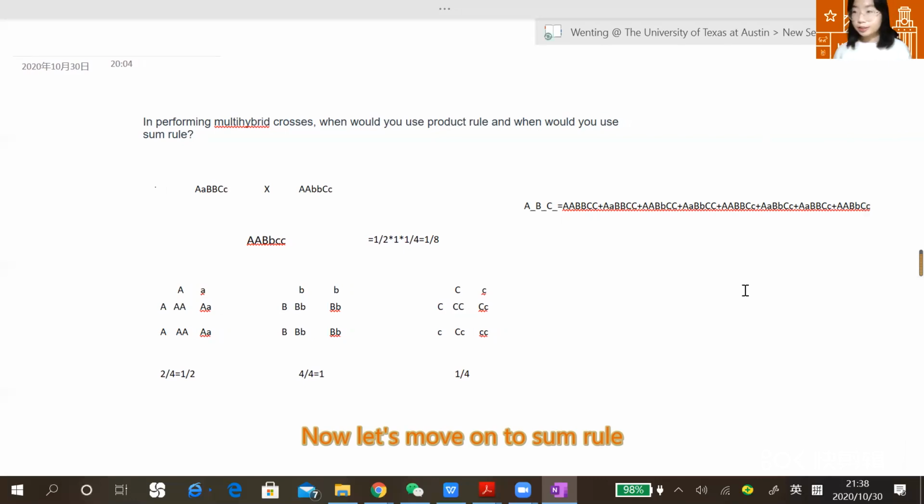Now we move on to the sum rule. We use the sum rule for phenotypes because for phenotypes, we only care about what is present. So in the ratio, we only care about big A, and no matter what the second part is, we leave it blank, and then big B, blank, big C, blank.